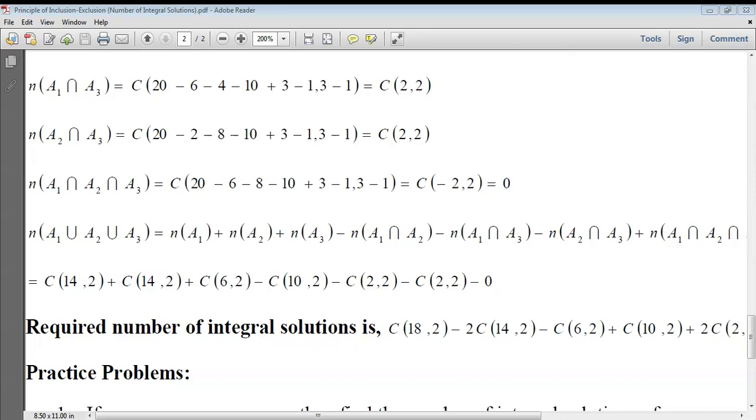So this will be 18C2 minus the previous answer, that is 14C2 minus 14C2 minus 6C2 plus 10C2 plus 2C2 plus 2C2.